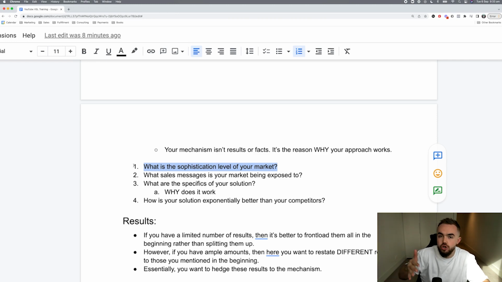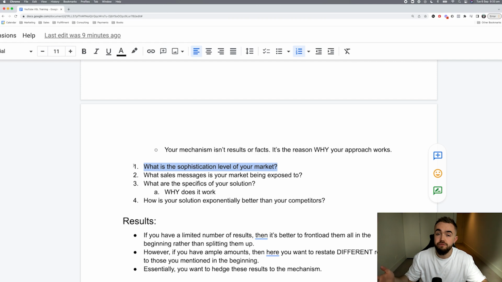So there's no point going specific in terms of, here's how we run the ads on X, which gets the result. No. Your market's not that sophisticated. At that point, you've just got to show why X as a platform is better to run ads on than TikTok, than Facebook, than Google, whatever the other alternatives are.